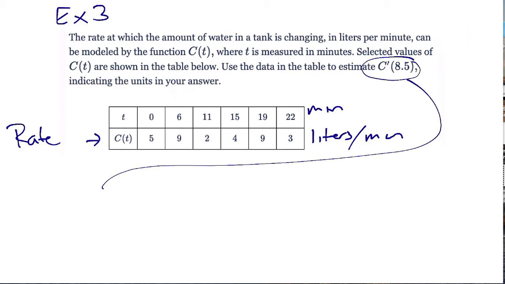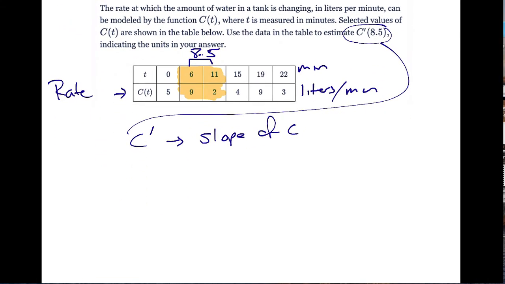So C prime is the slope of C. Now, 8.5 is right in this area. So those are the values I'm going to use from this table to come up with my answer. If I use those values, the y values would be 9 minus 2.